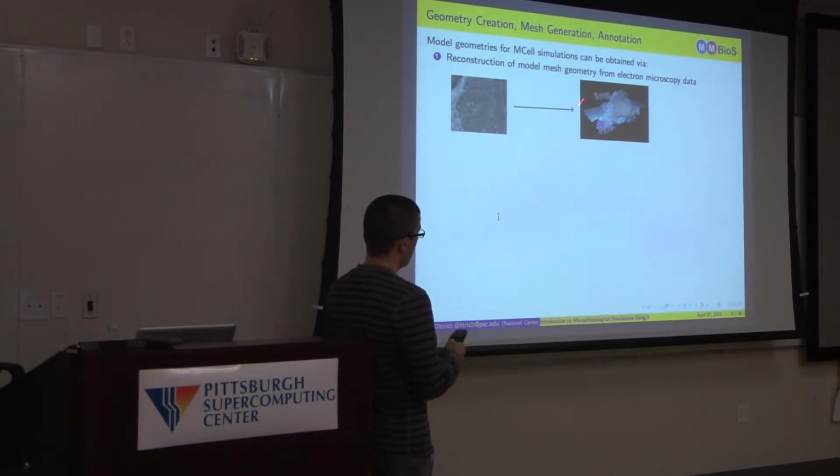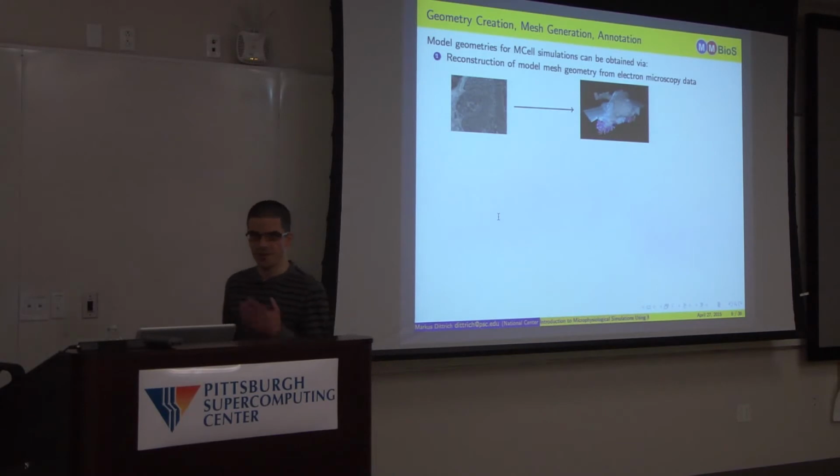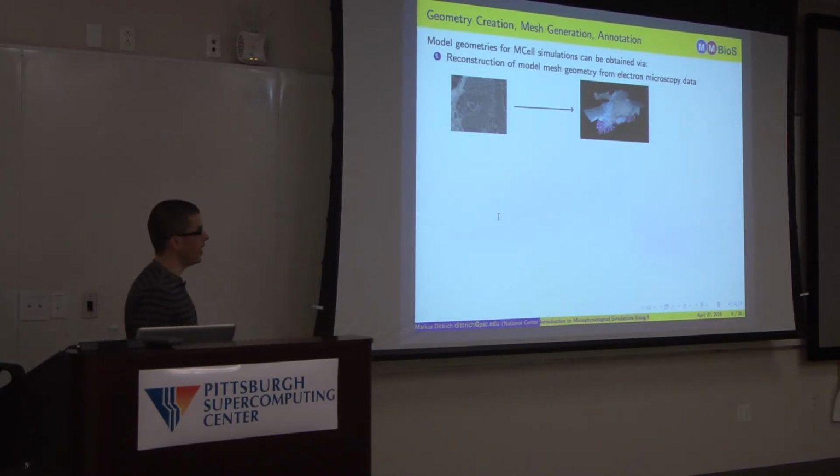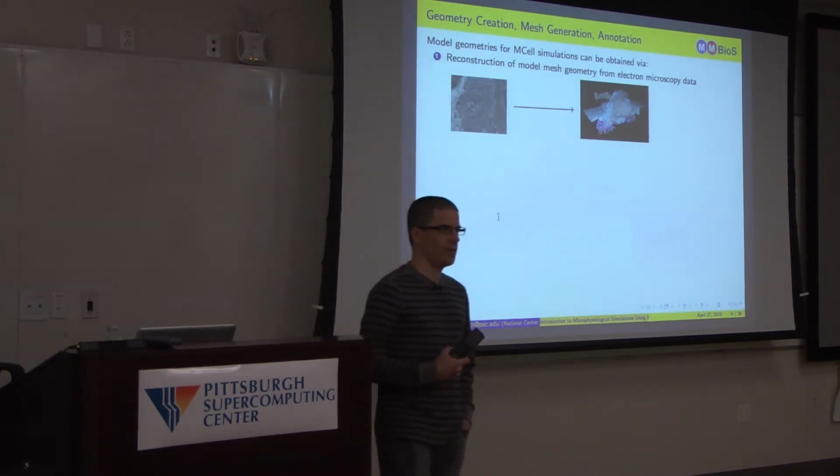For example, this is a neuromuscular junction of a rat, I think. Basically, you slice your sample, you take electron micrographs, and you reassemble that stack into a three-dimensional volume that you can then segment and more or less extract the meshes and import into an MCell simulation.